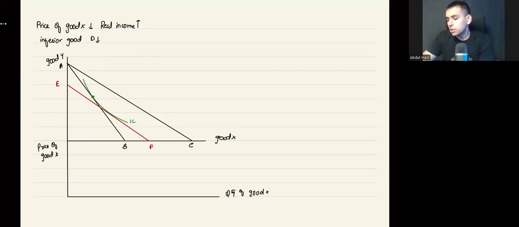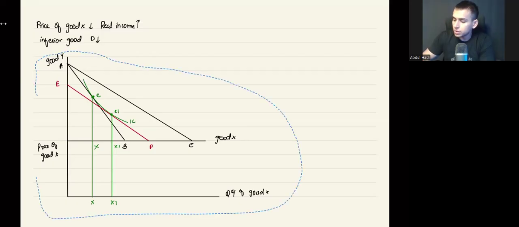IC1, this is your first equilibrium, E. All right, this is your first equilibrium quantity, X and X. And this is your new equilibrium, E1. And this is your new equilibrium quantity, X1 and X1. All right. This is what is going on throughout. This is your basic diagram.